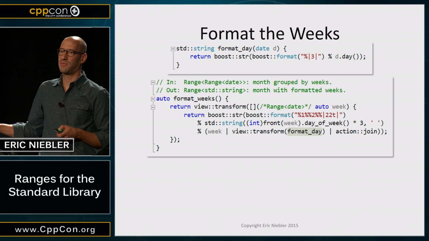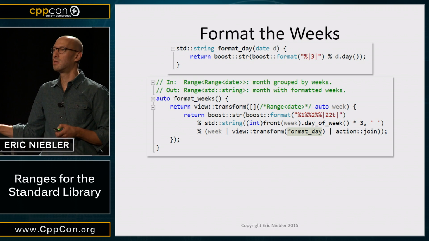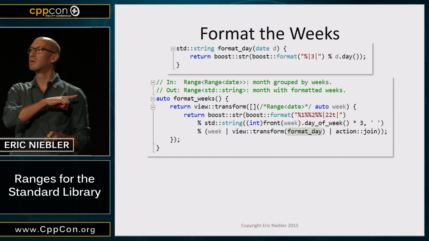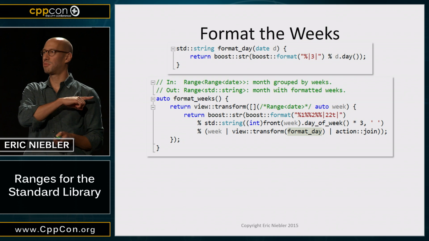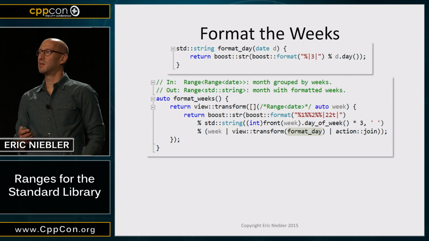So I have to transform this range of strings into an actual string so that boost format knows what to do with it. But good question. Yeah. I would have loved to have done this lazily. I hate having to do dynamic memory allocation for no purpose. It just makes it all slow.